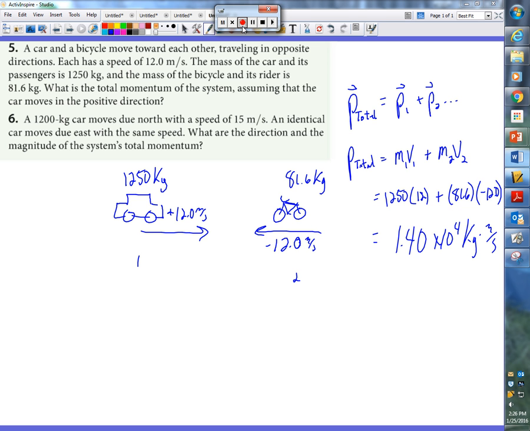Then on number 6, same type of thing, total momentum type problem, except it's harder. Okay? We're not moving in the same direction anymore. These were in opposite directions, but not moving in the same dimension anymore. 6 is a two-dimensional problem.